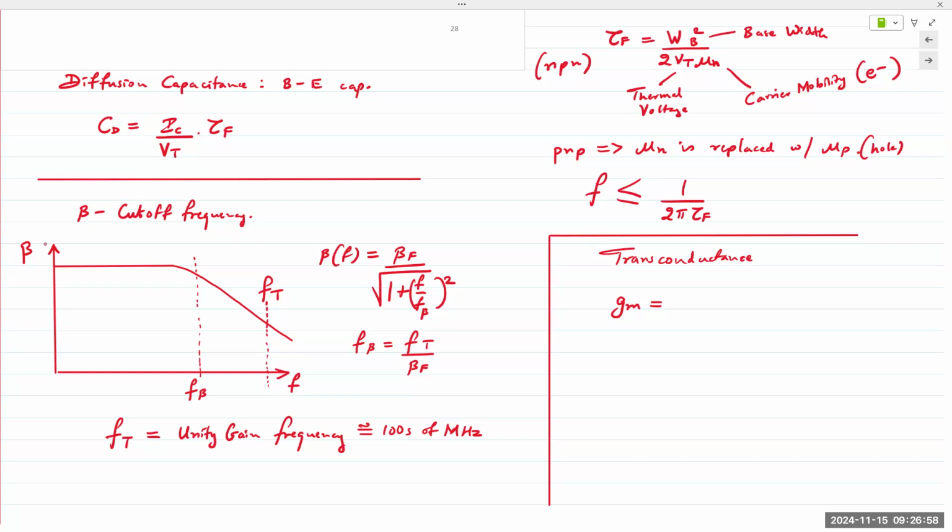So transconductance is the change in the output current in response to the change in input voltage, hence IC over VBE, and the values are taken around the Q point of the circuit.